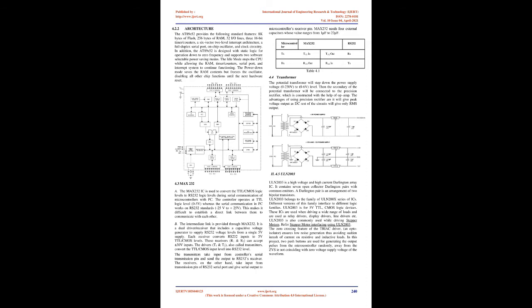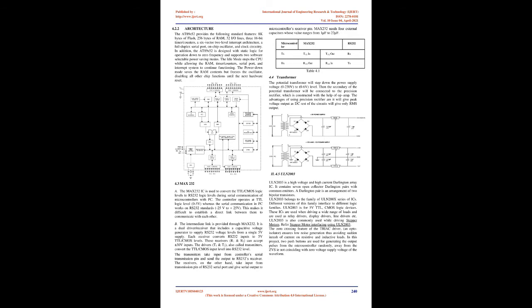4.2.2 Architecture. The AT89S52 provides the following standard features: 8 KB of flash, 256 bytes of RAM, 32 I/O lines, 3 16-bit timers/counters, a 6-vector 2-level interrupt architecture, a full duplex serial port, on-chip oscillator, and clock circuitry.